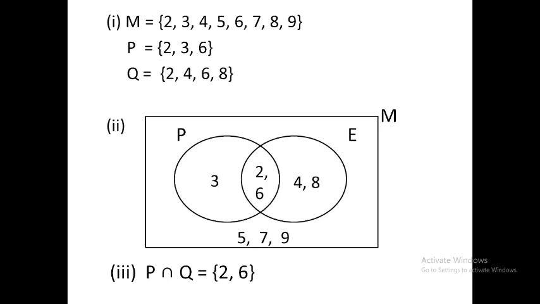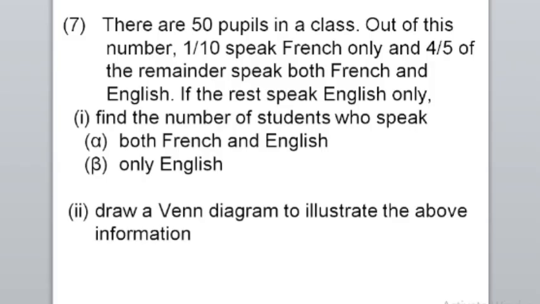Let's go straight to 2002 question B. We have it here. It says there are 50 pupils in the class. Out of this number, 1/10 speak French only, and 4/5 of the remainder speak both French and English.